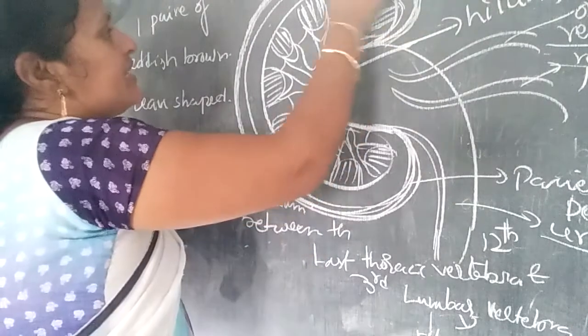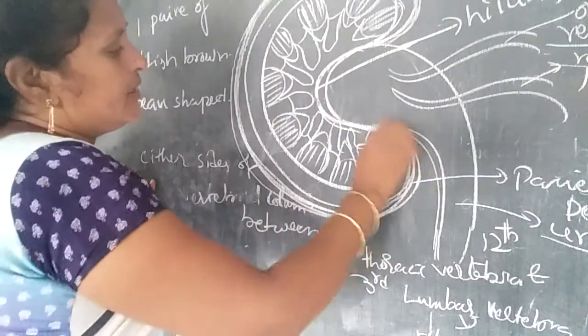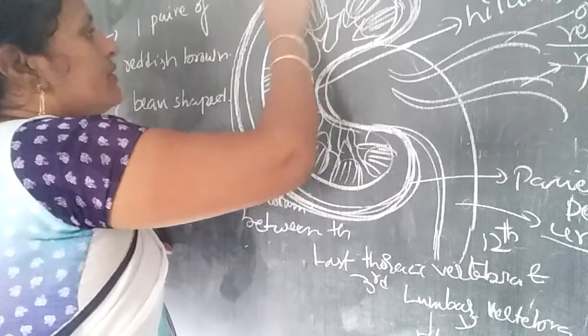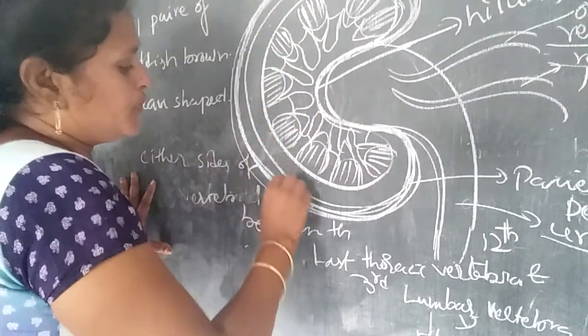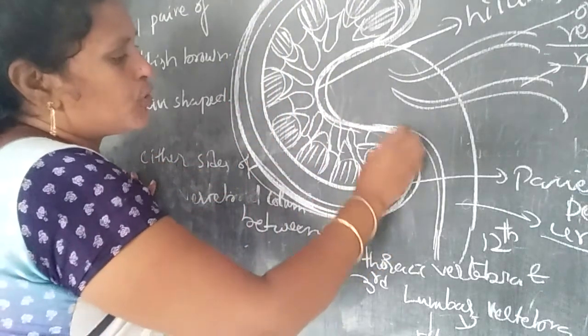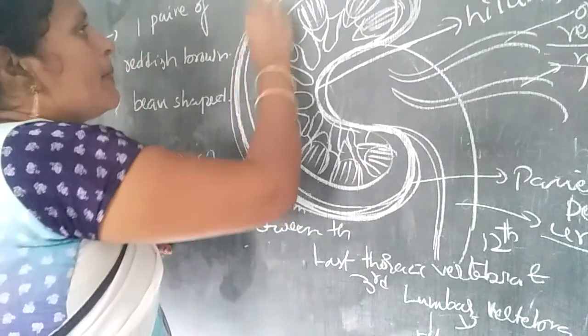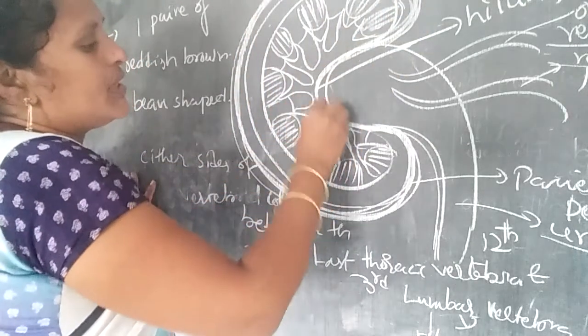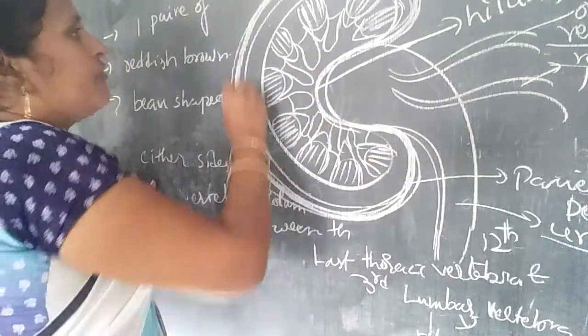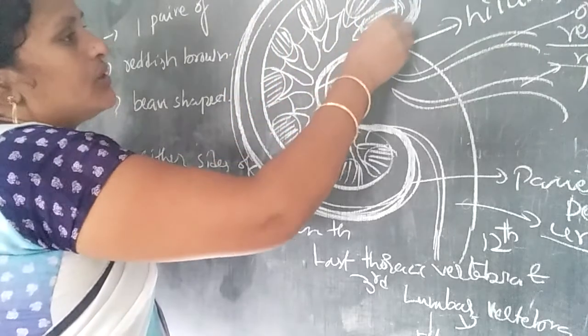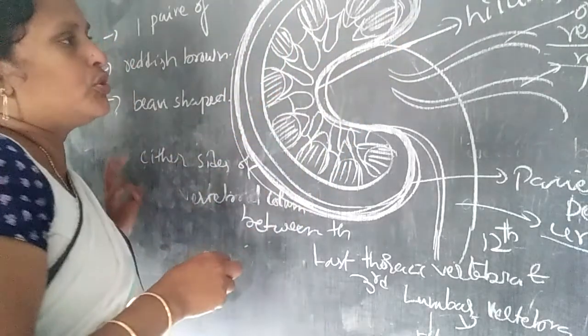Each kidney is surrounded by a tufted capsule on its outer surface. What is the use of the capsule?